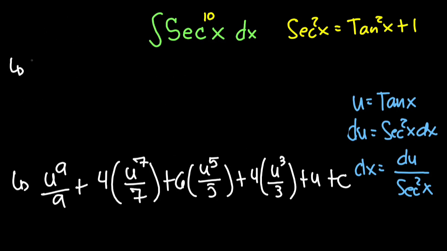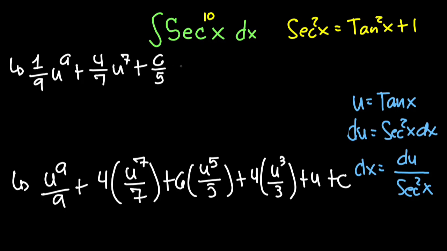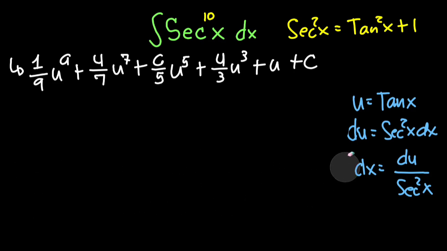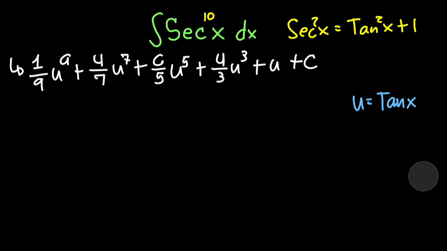Simplify all the coefficients first. We can rewrite this as 1 over 9 u to the power of 9 plus, for this one would be 4 over 7 u to the power of 7. Now for your final answer, just put all u values back into tan of x.